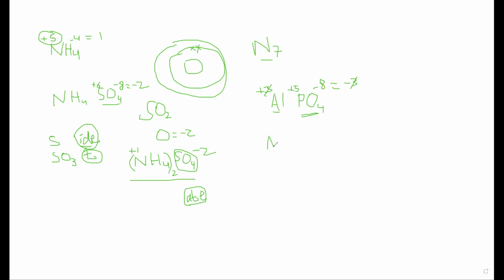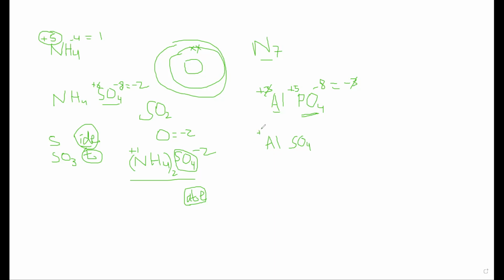What about aluminium sulfate? If you are replacing phosphate with sulfate, then what will be the formula? The aluminium will have +3, right?